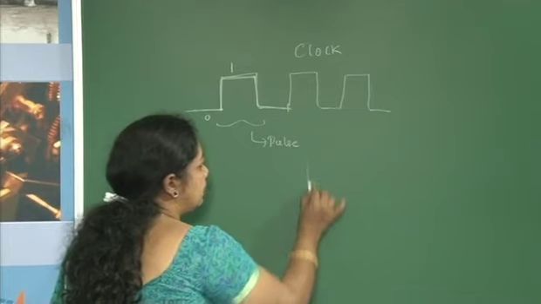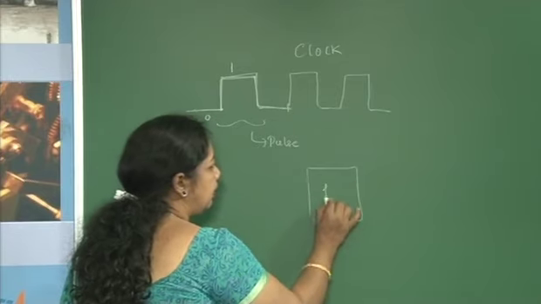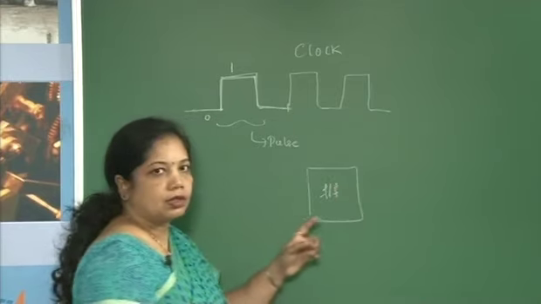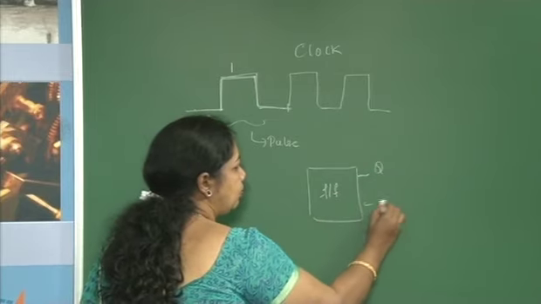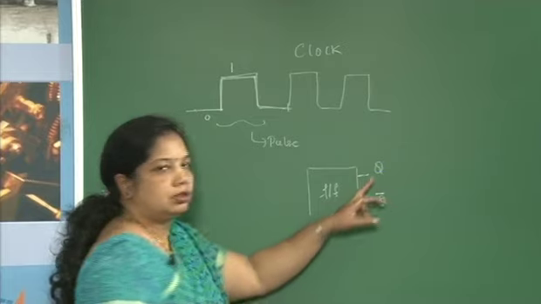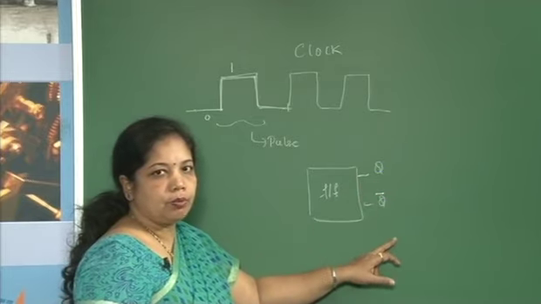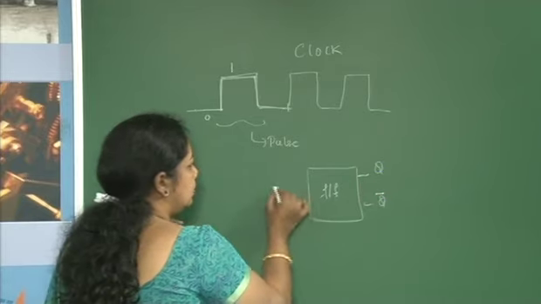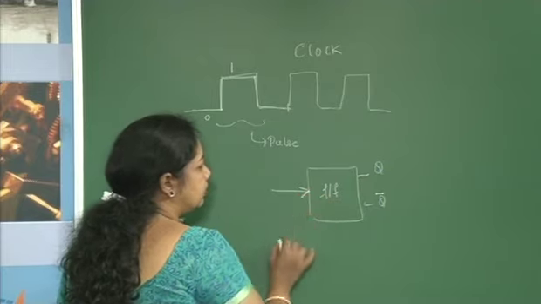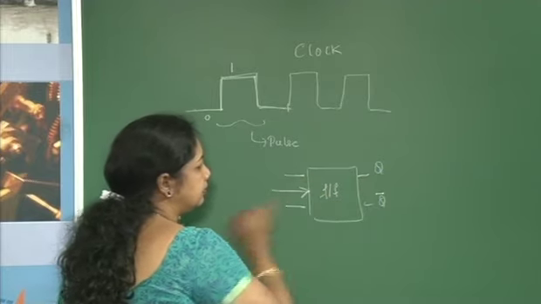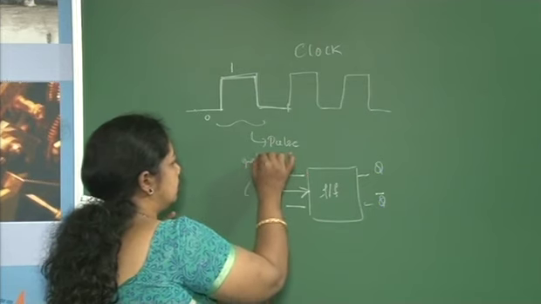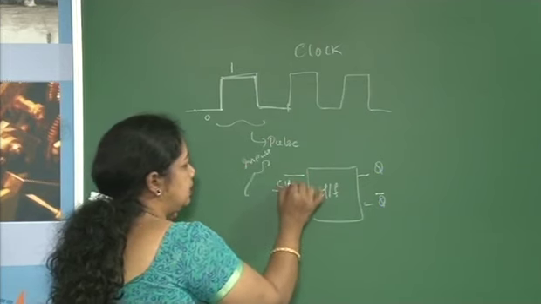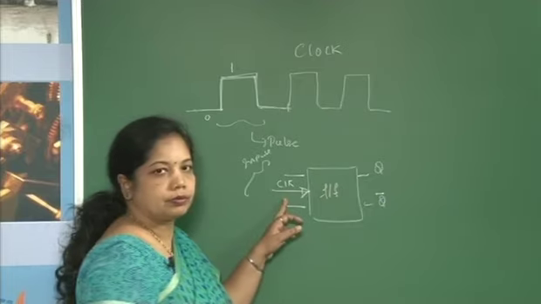Whenever I use a flip-flop, suppose this is a flip-flop which produces the normal output as well as the complemented output. I need to give the inputs here, and this represents the clock.